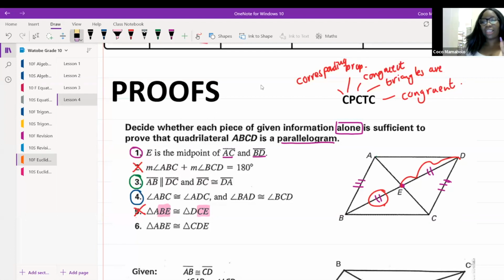Okay, ma'am. Let's look at question 6. Question 6 says triangle ABE, so I'm going to map it out. Here's A, B, E, and close my triangle. It is congruent to triangle CDE.